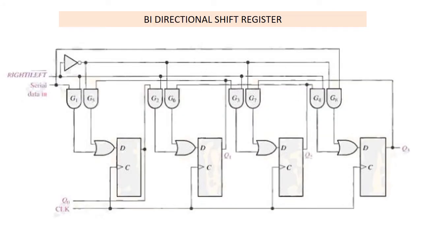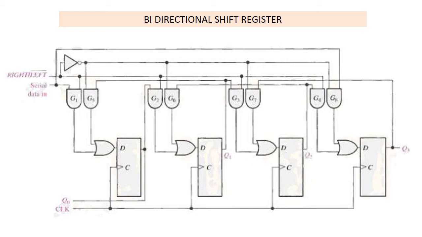Bidirectional shift register. A bidirectional shift register is one in which the data bits can be shifted from left to right or from right to left. The figure shows the logic diagram of a 4-bit serial in, serial out bidirectional, that is shift left, shift right, shift register. The right or left bar is the mode signal.